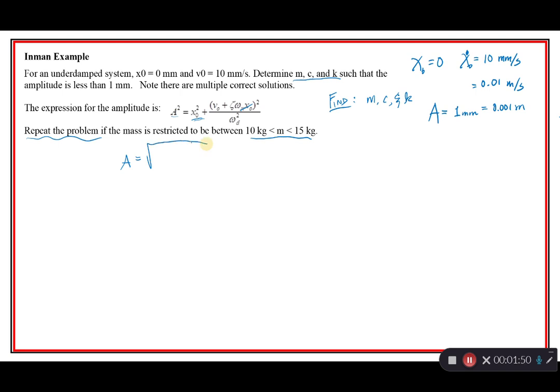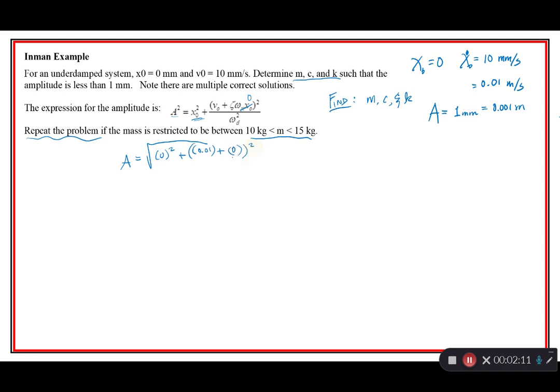square root. I wrote it out here, so I want to go 0 squared plus velocity, which is 0.01 plus, well, this is 0 right here, so we just go, well, 0. We don't have to write the other stuff in there.